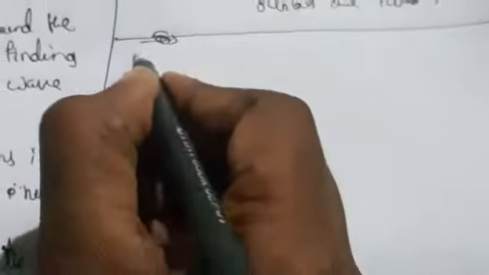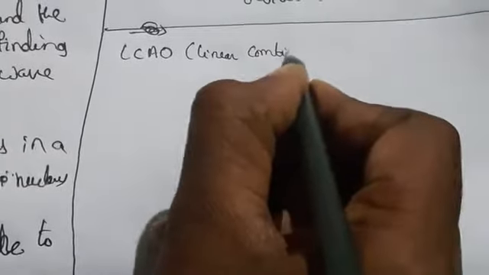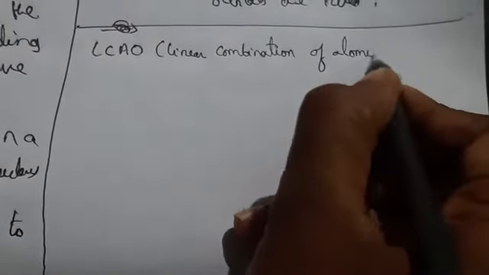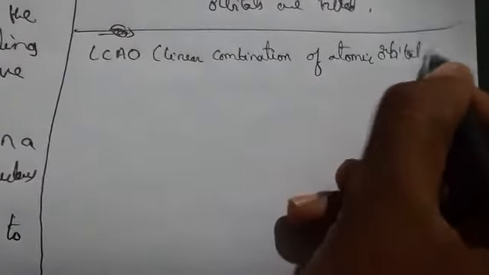Hello students, in the previous class we have seen the postulates of the molecular orbital theory based on LCAO theory. So what we can say, LCAO theory is nothing but linear combination of atomic orbitals.